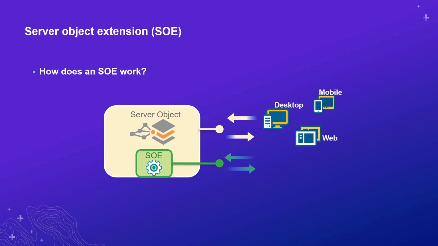And then, the type or format of the request parameters and response content are also defined by the SOE, so that the SOE can understand what types of requests it can accept and what kinds of response it's going to send back. And at last, the SOE also has its custom logic to execute based on those request parameters.